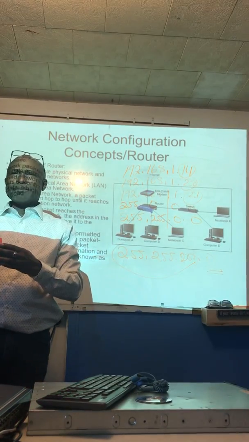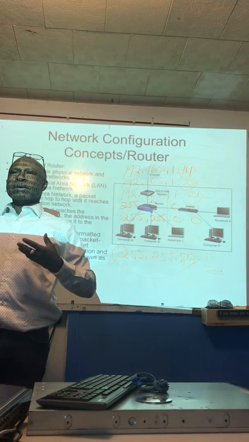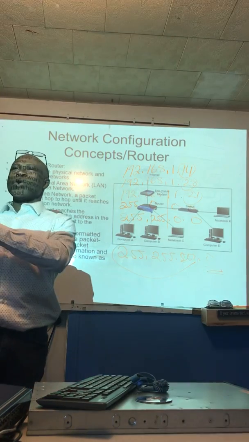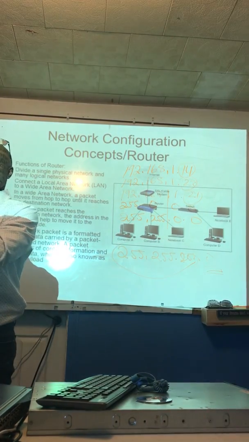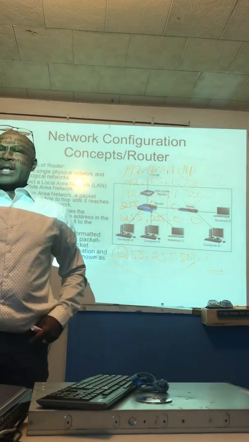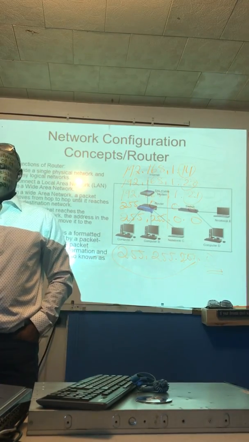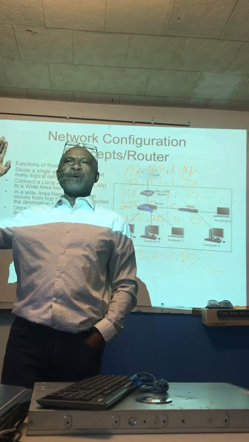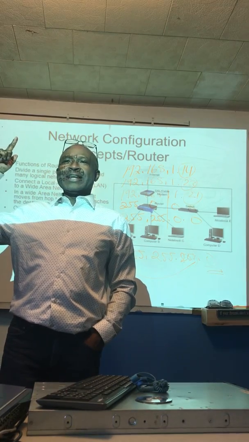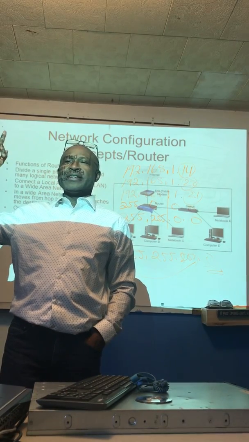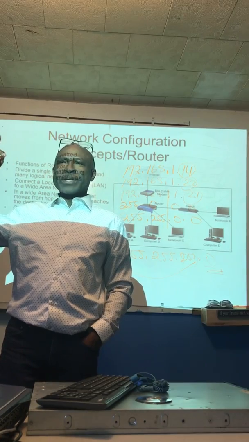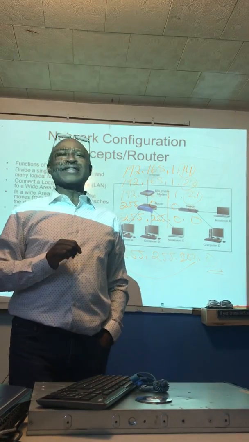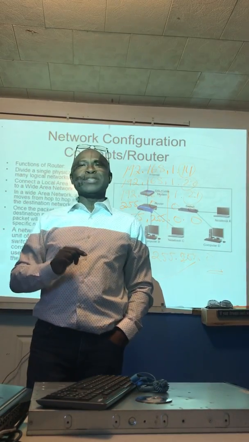So every time the router identifies that a packet is supposed to go outside the network, it will send it to the gateway. So the configuration will include those three addresses. One is the IP address, second is the subnet mask, and third is the gateway. But we also have the DNS. So in the next segment of the presentation, I'm going to talk about DNS.